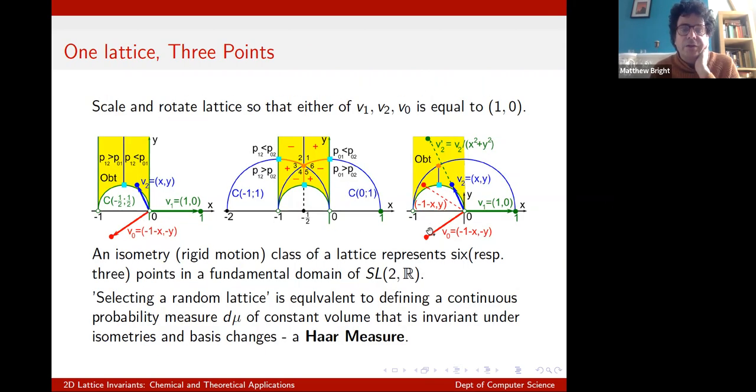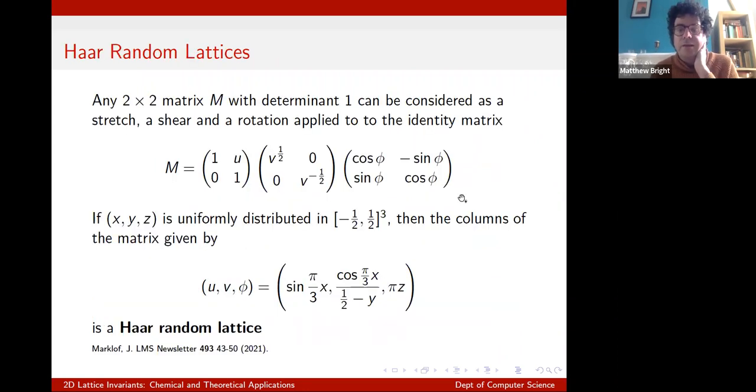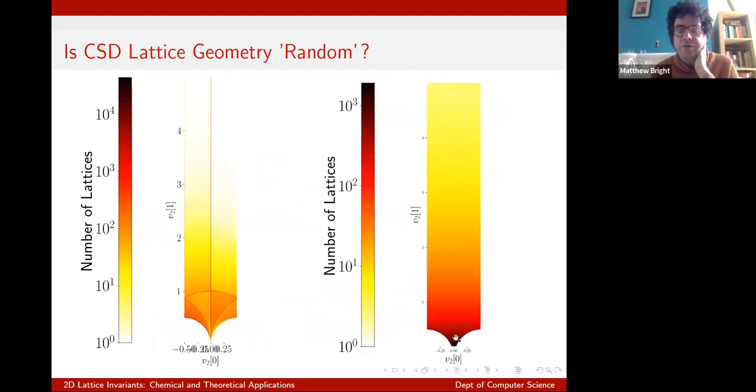If you imagine this is the distribution of the heights of my lattice points in this fundamental domain, so the density of these vectors in this fundamental domain, you can see that this is the random distribution, and this is our distribution for the CSD two-dimensional lattices.